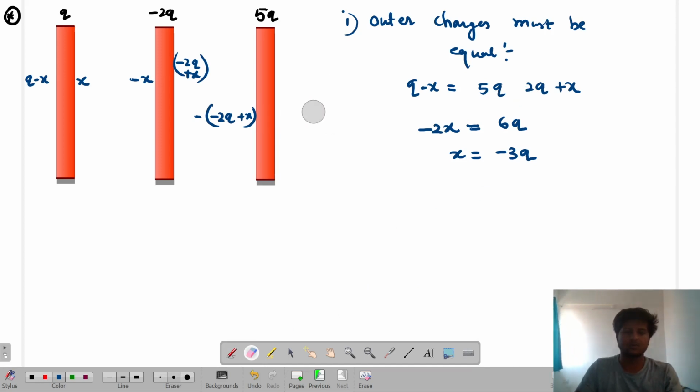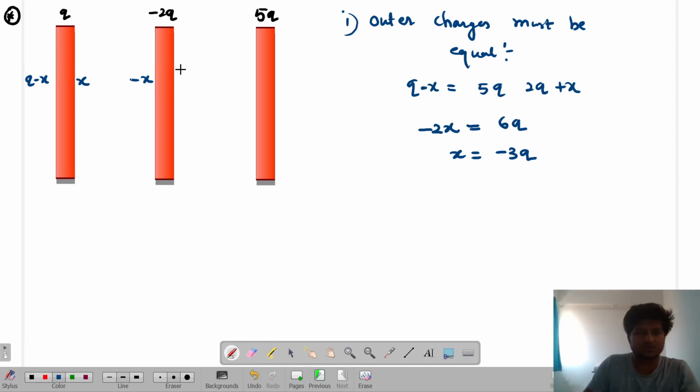Let me see. This is how much? Minus 2Q plus x. Then the minus of this whole term will be over here, so plus 2Q minus x. Then it will convert into minus on this side. So 5Q minus 2Q plus x. Got it?